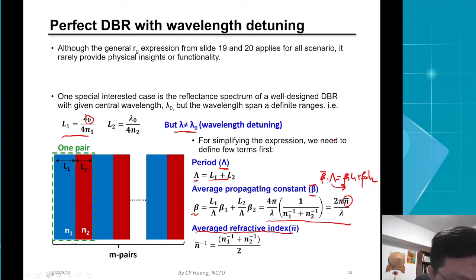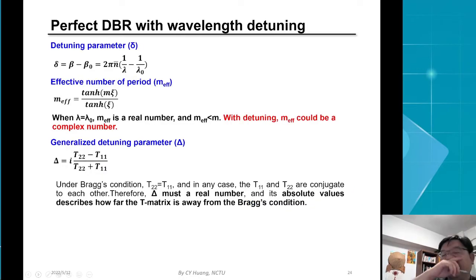Then we further introduce a term called the detuning. Because the structure is already designed for a specific wavelength, for that wavelength the propagation constant is beta 0. But now we are trying to know the reflectivity at arbitrary wavelengths.